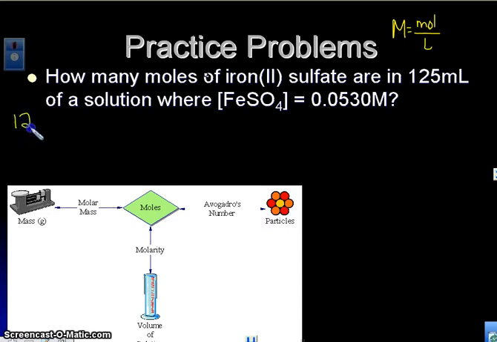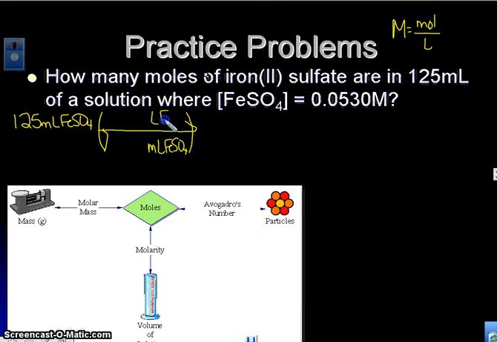So we start with 125 milliliters of FeSO4, and we set up our factor. And in order to go from milliliters to liters, we want milliliters on the bottom, and we want liters on the top.